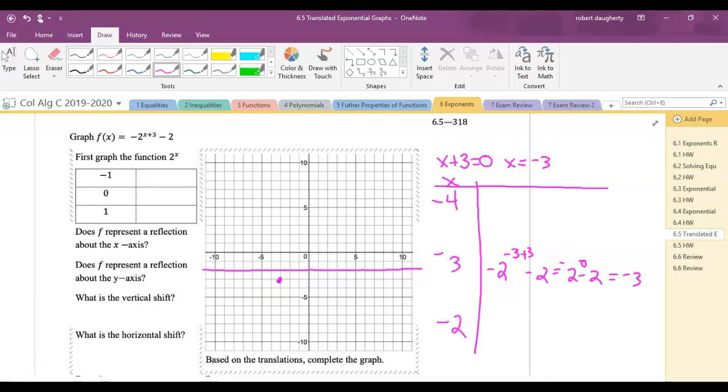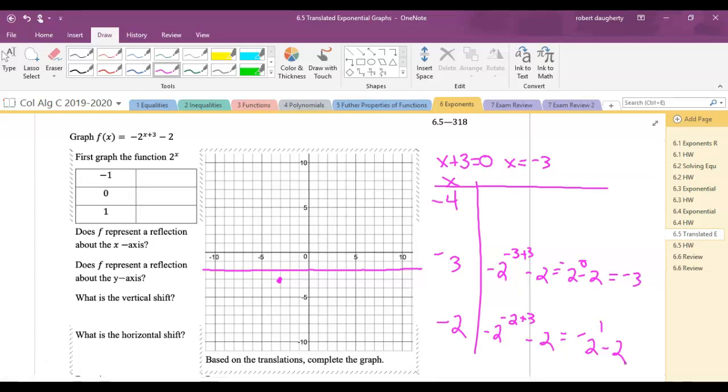Let's look at what's happening at this point. This is negative 2 to the (negative 2 plus 3) minus 2. Look at that exponent. What's 3 minus 2? 1. So this is negative 2 to the 1 minus 2. What's 2 to the 1? 2. So what's negative 2 minus 2?